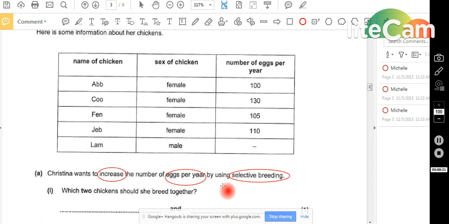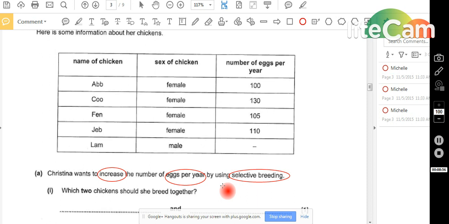So it's taking chickens and taking whatever characteristic you want from the chickens and then breeding the 2 chickens with the strongest genes for that characteristic so that their offspring will show that characteristic. And then from the offspring, you choose the ones showing the characteristic that you want best, and then you breed with them.